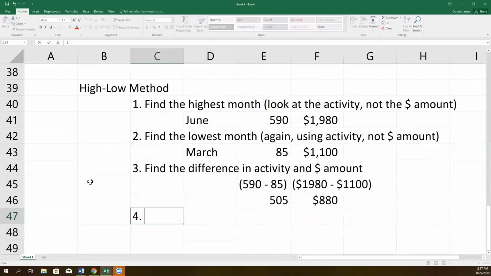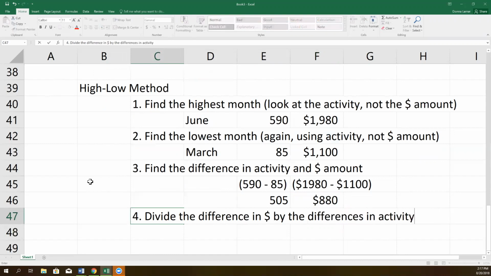And our fourth step, divide the dollar amount, the difference in dollars, by the differences in activity. So that's 880 divided by 505.